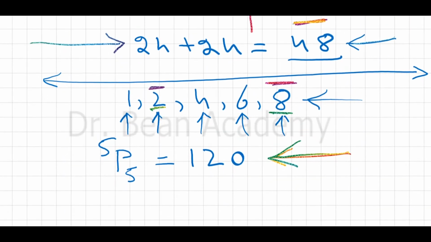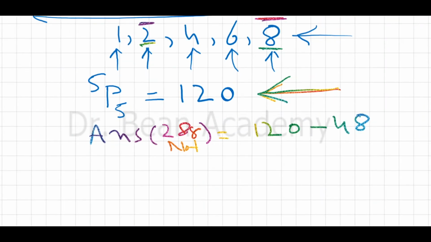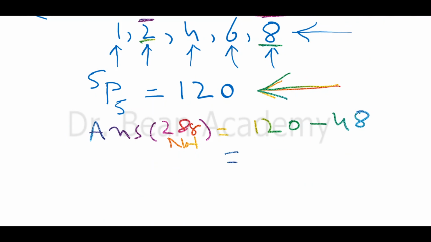So you can guess what the answer could be. The answer when 2 and 8 are not together should be 120 minus 48, and my calculator tells me that the answer is 72. Isn't it interesting?